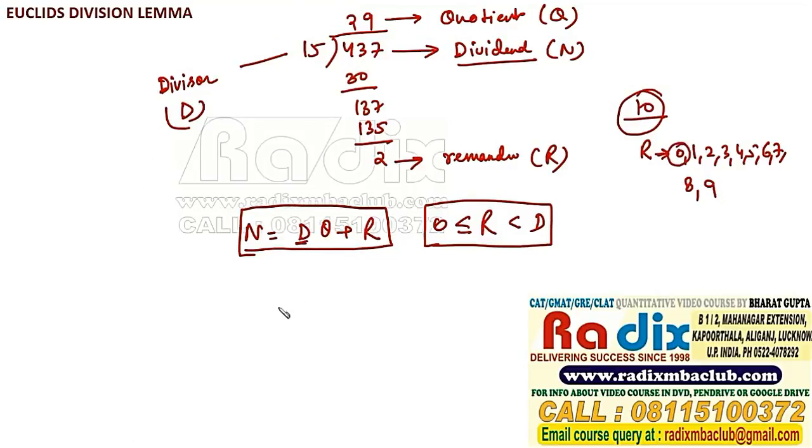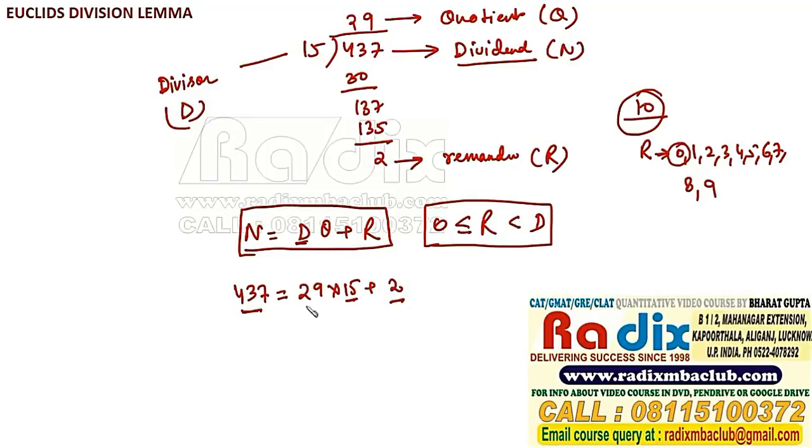Now one more important part. If we have this number 437, it is n, we can write it as 29 our quotient, times divisor 15, plus remainder 2, right? So we can say that when we divide the number 437 by 15, it is divisible 29 times and then 2 is remaining, right?